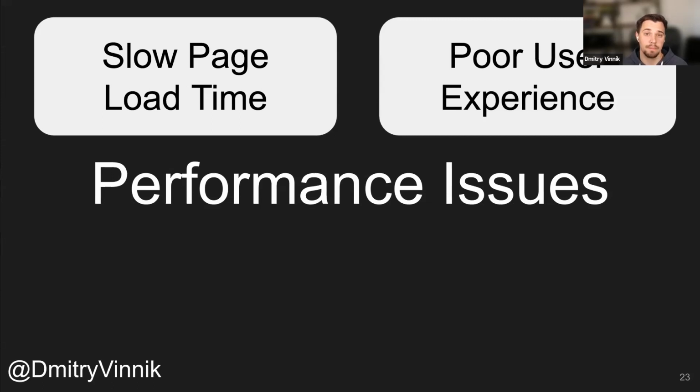It might not be the page loading not fast enough, but it might be individual components. Let's say your navigation menu or a list of items, a number of products you have. They're not loading fast enough, or they're loading for so long that they're actually not appearing slowly. They appear all at once, which makes the page just hang.